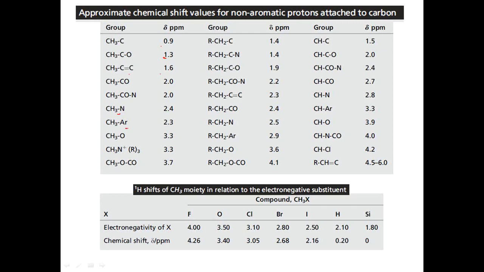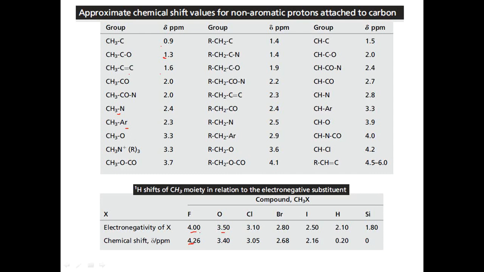These are some standard approximate values for the proton resonance frequencies for some of the protons. You can see for electronegative groups like X, with respect to fluorine, oxygen, chlorine, bromine, the methyl proton resonates at different frequencies. Fluorine shows the higher resonance frequency, around 4.26 ppm.